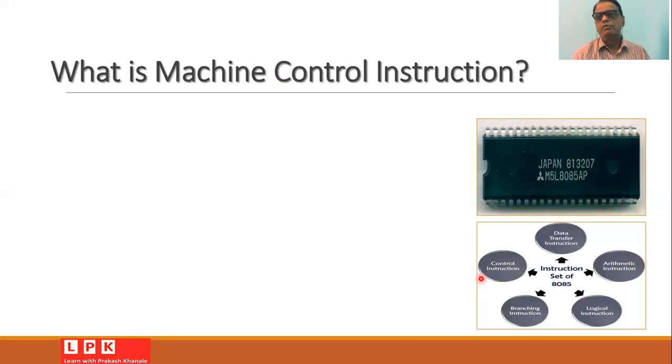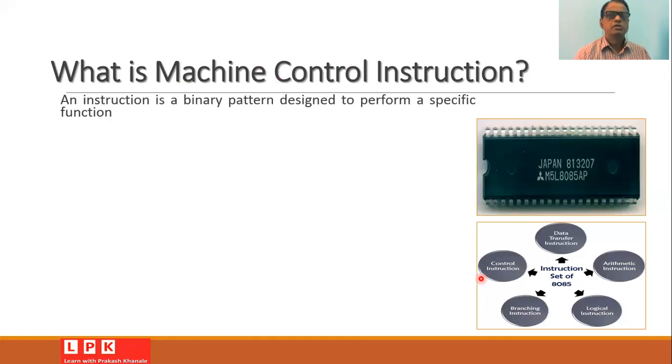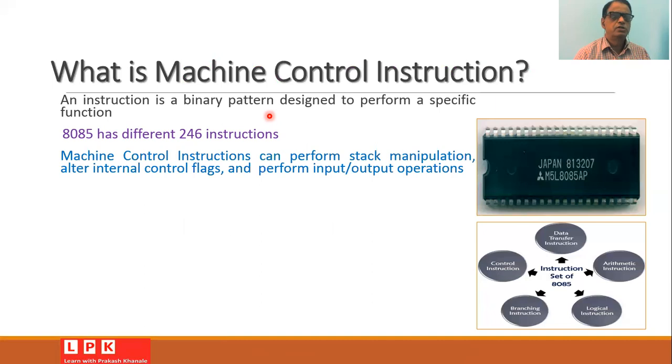Already we have discussed the four different types of instructions, and this is the session in which we will discuss what we mean by machine control instructions. An instruction is a binary pattern, and whenever it is fed to a microprocessor based system, it will perform a specific function. 8085 has a lot of instructions.